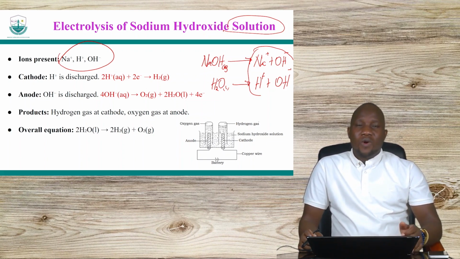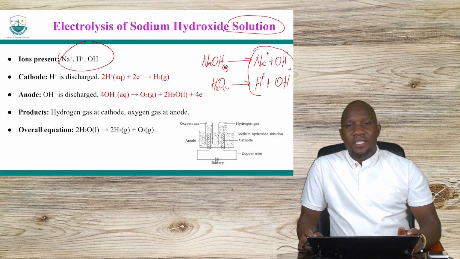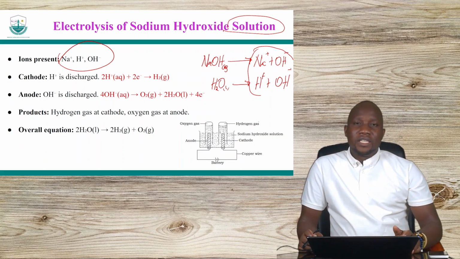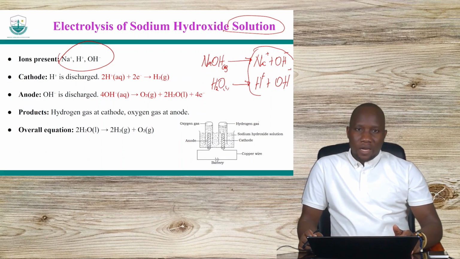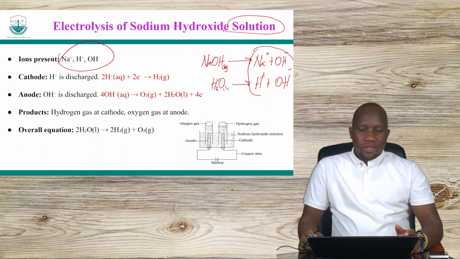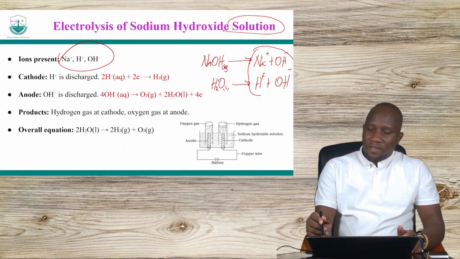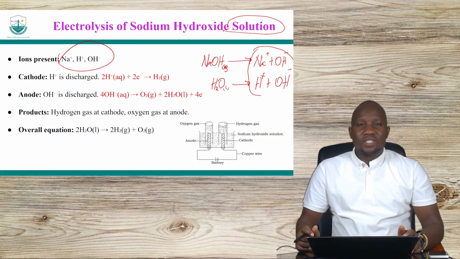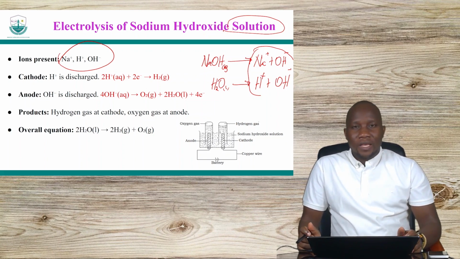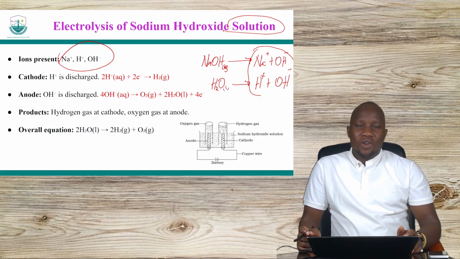The lower the ion in the electrochemical series, the more likely it is to be discharged. So for the positive ions, we have sodium ions and hydrogen ions competing. The hydrogen ions are lower in the electrochemical series, so they get discharged.